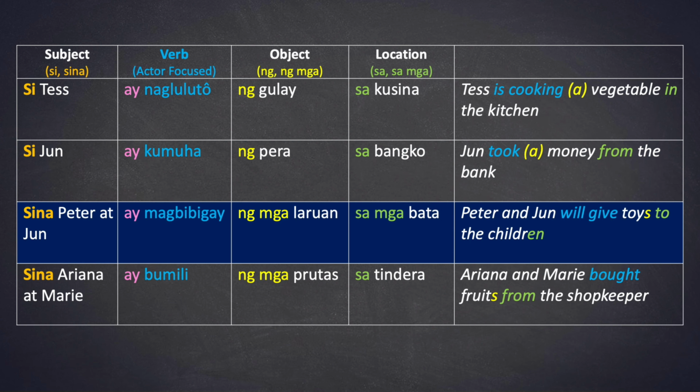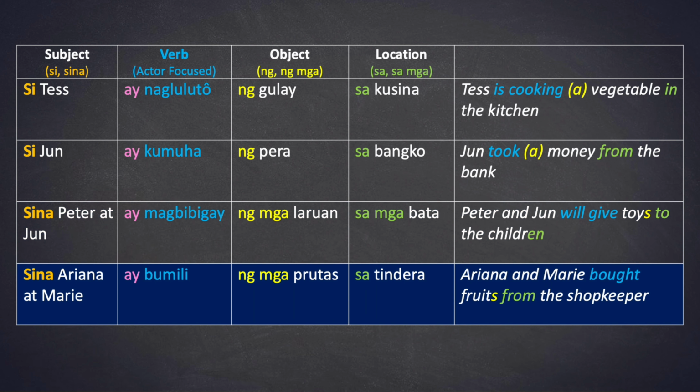Sina Peter at June ay magbibigay ng mga laruan sa mga bata. Peter and June will give toys to the children. Sina Ariana at Marie ay bumili ng mga prutas sa tindera. Ariana and Marie bought fruits from the shopkeeper.